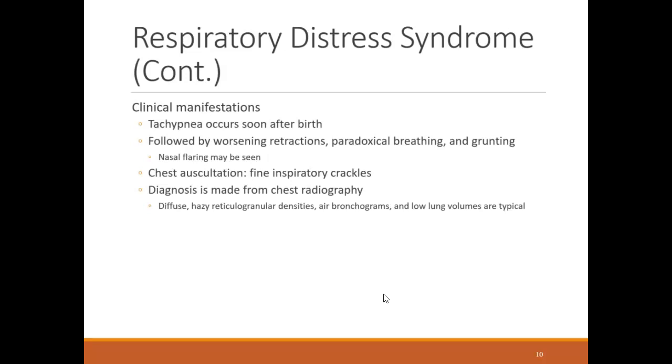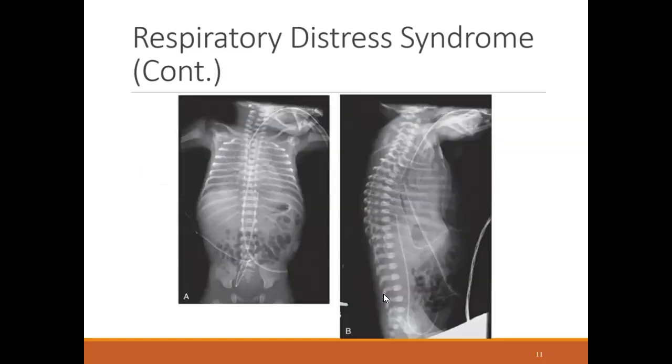Air bronchograms are another thing that you might see. What this means, I'm going to go to the next slide because I've got some chest x-rays here. If I zoom in on this picture, you see these dark lines through this hazy lung field. These are air bronchograms.